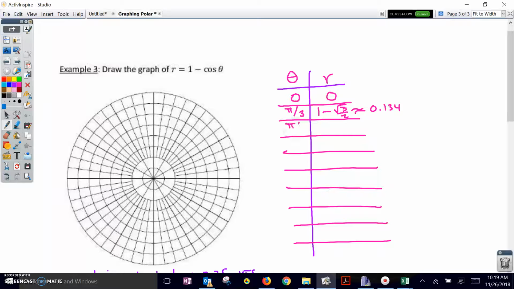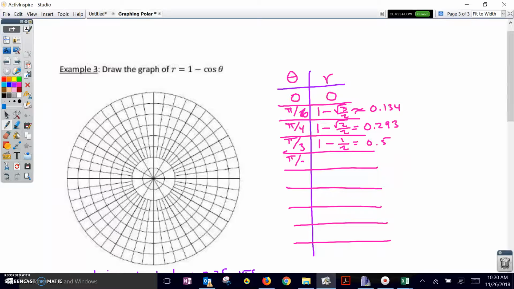And then at pi over 4, the radius is 1 minus the square root of 2 over 2, which is roughly 0.293. Sorry, that was at pi over 6. At pi over 3, that's going to be about 0.5.